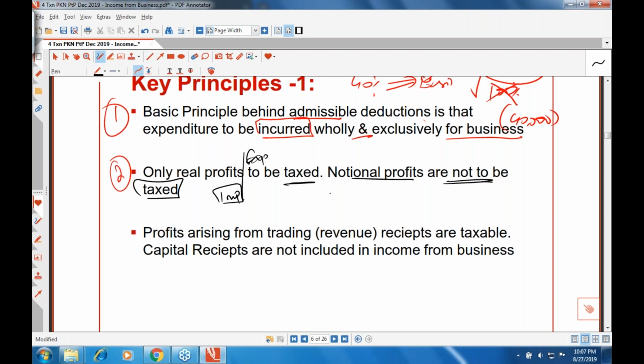Similarly, the remeasurement gain or the fair value gain, because what happens is you purchase a property for 10 million rupees. Now the worth of that property has become 40 million rupees. So you've got a 30 million gain, but that's a notional gain. That's not an actual gain. That's not a real profit.